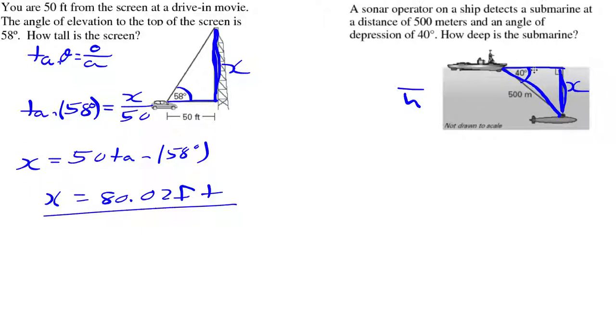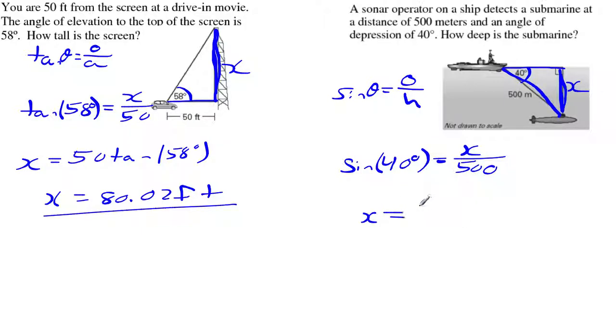That is, in this case, the opposite side. So yet again, we have another sine function because the sine of theta is equal to opposite over hypotenuse. So the sine of 40 degrees is equal to the opposite side over the hypotenuse. So we get that depth, x, is equal to 500 times the sine of 40 degrees.